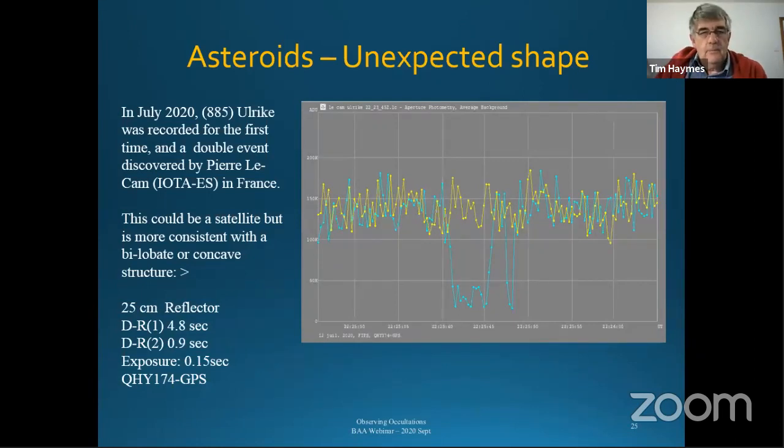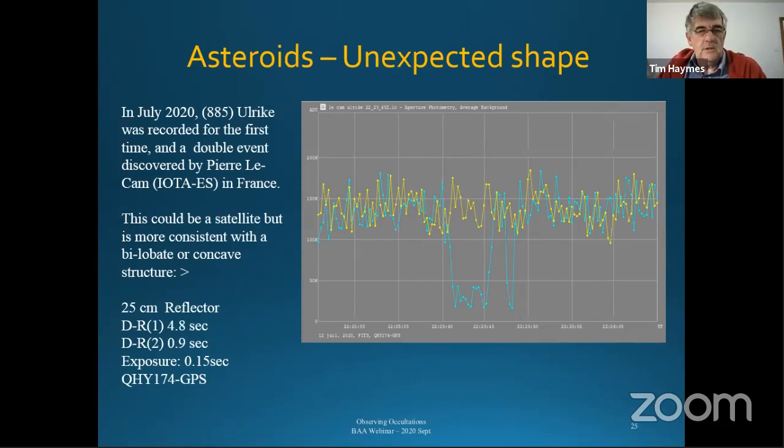So, what do we get with asteroid occultation events? Well, we've seen some very unusual results over a period of time. These are a few examples from this year. A gentleman, Pierre Lecam in France, one of his first events, I might add, he was a new observer.